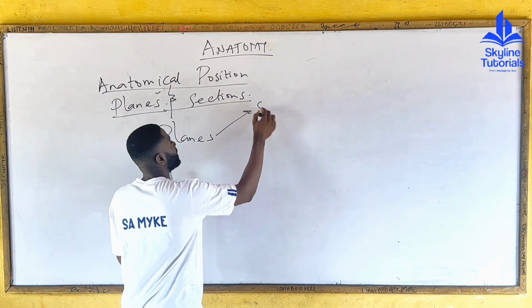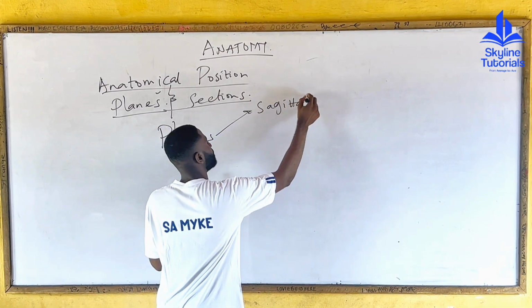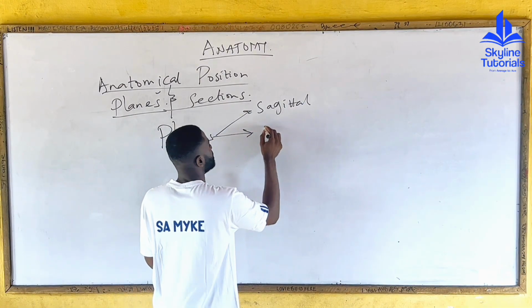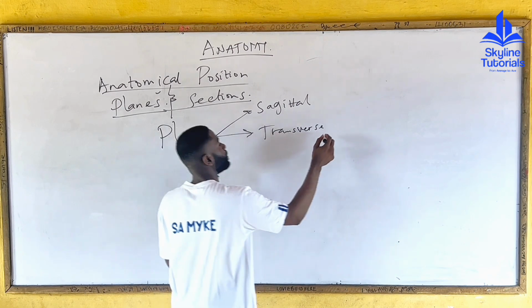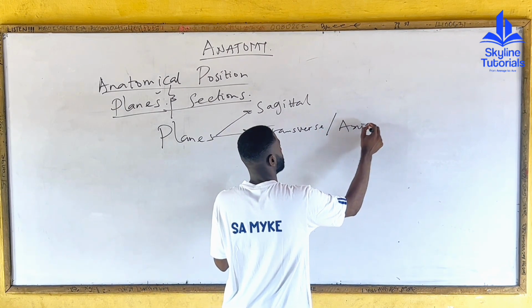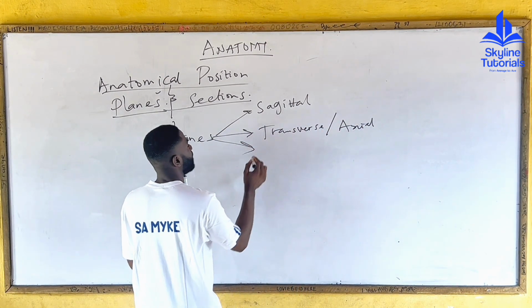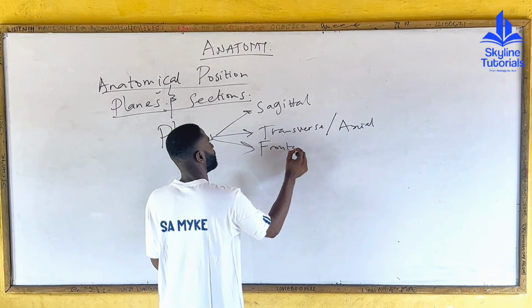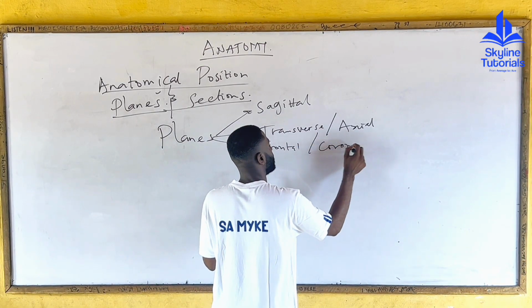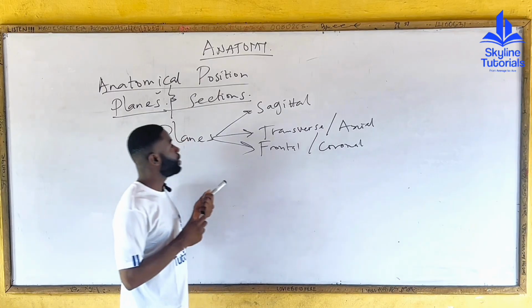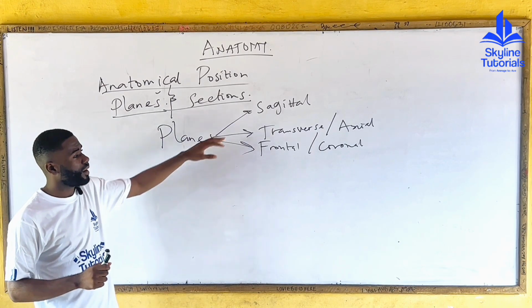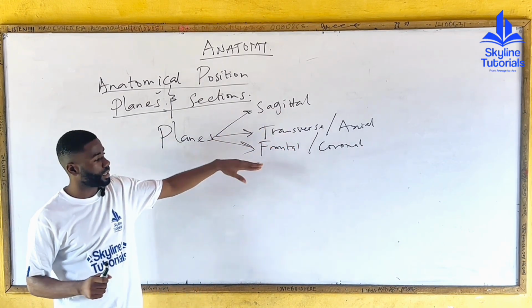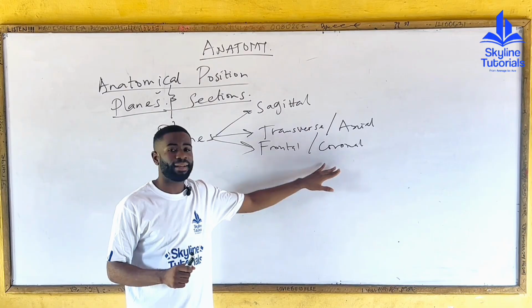We have the sagittal plane, the transverse or axial plane, and the frontal or coronal plane. I said planes are simply imaginary lines that divide the body.